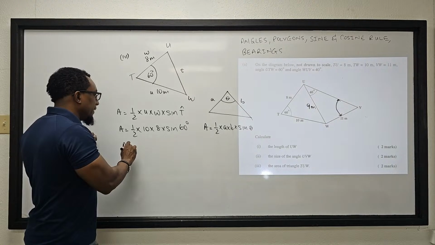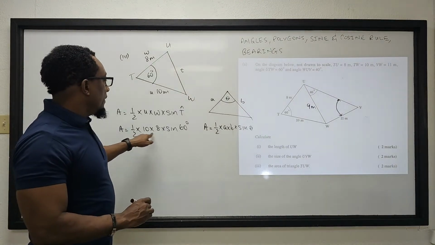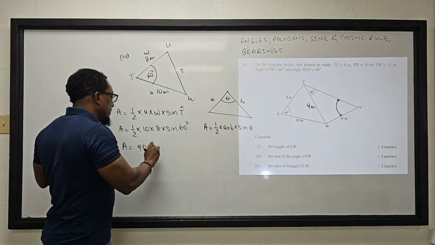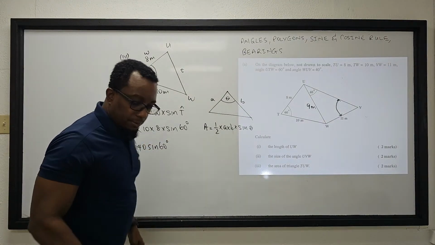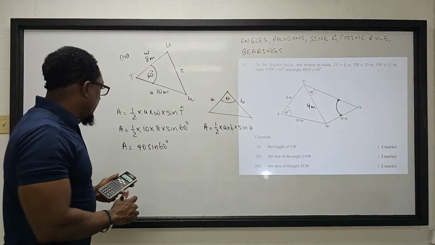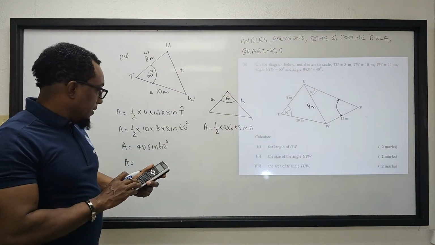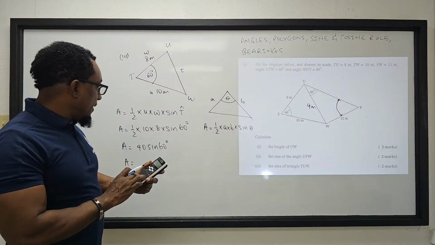So A is equal to 10 by 8 is 80, 80 divided by 2 is 40, so A is 40 multiplied by sine 60.